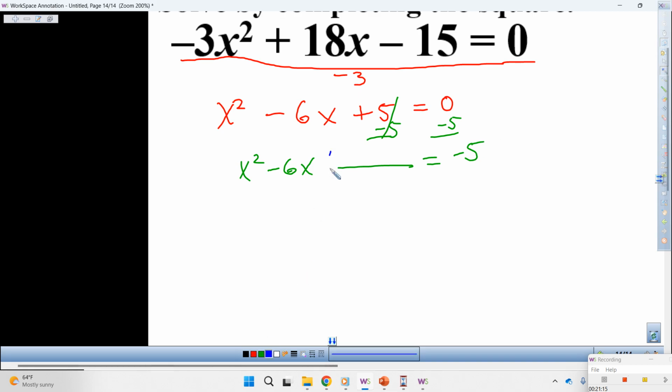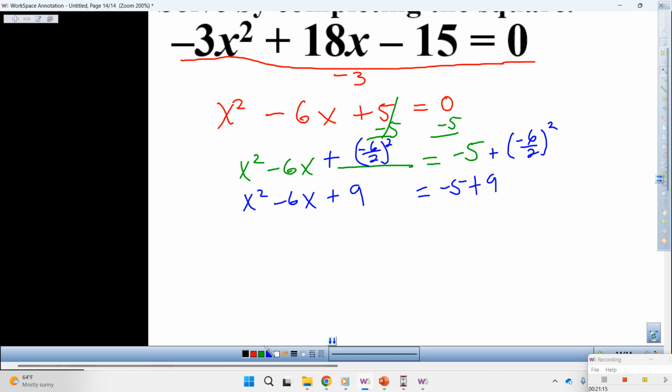Jesus, add what? Negative 6 over 2 squared to each side. So we end up with x squared minus 6x plus 9 equals negative 5 plus 9. Can we simplify the right side? Yes, this becomes 4. Bring everything else down.